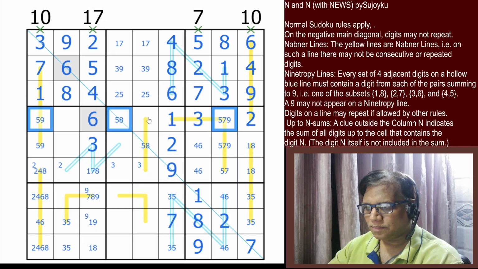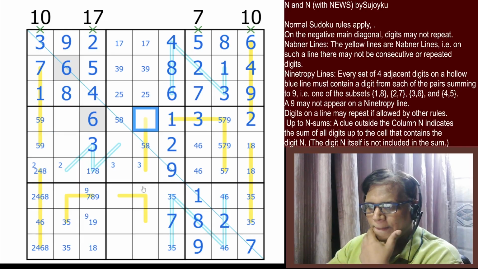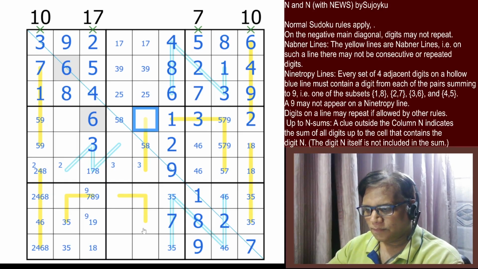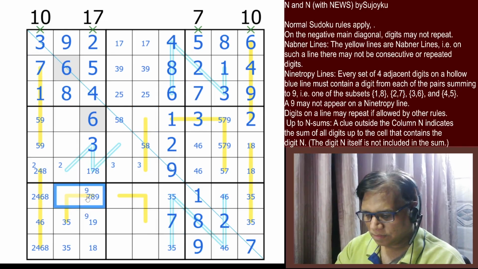Pencil mark one. Now what then? Now this is suddenly looking difficult. Okay, fine. 7, right? 7 is one of these. And if 7 is one of these, right, you cannot have 8, right?